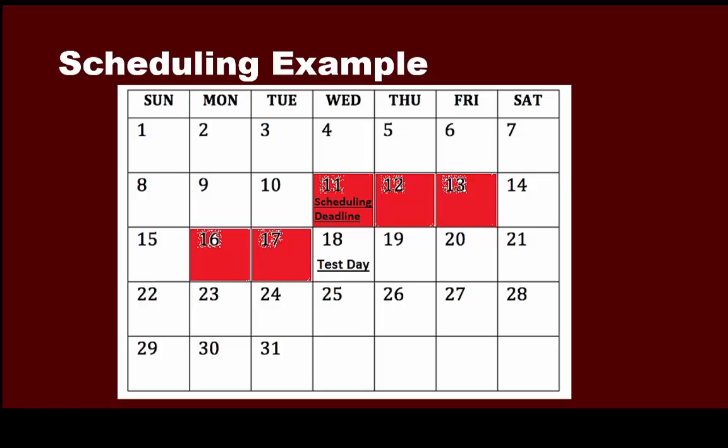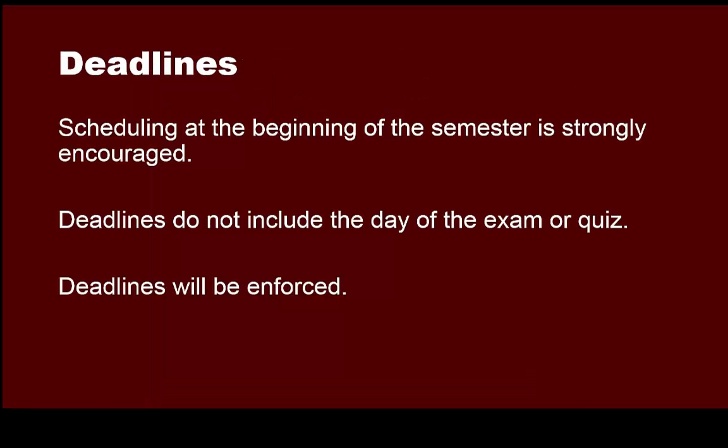Think of it as counting backwards. Tuesday, Monday, Friday, Thursday, Wednesday. Please note that Saturday and Sunday are not business days, as the TAC is closed. Again, scheduling all exams or quizzes at the start of the semester is a great way to avoid scheduling confusion.